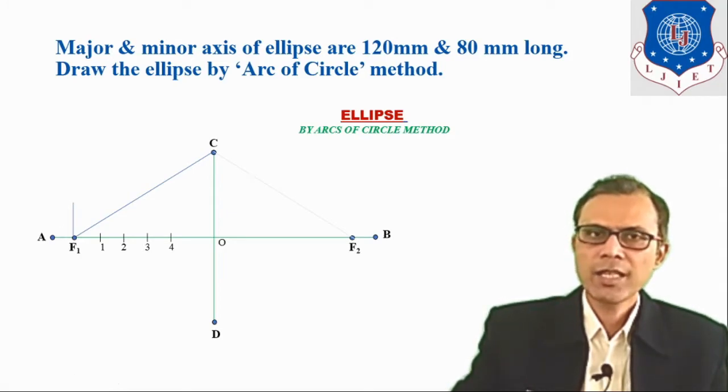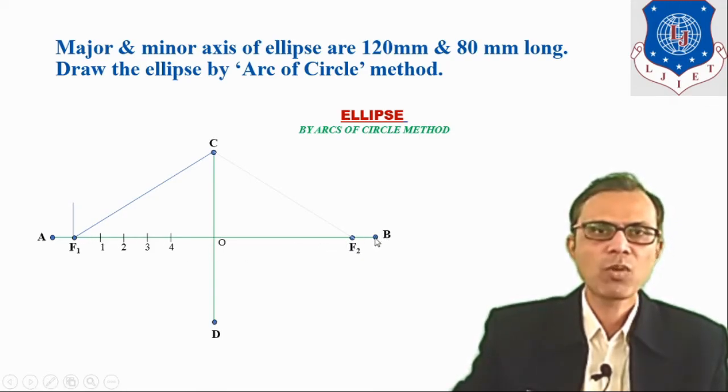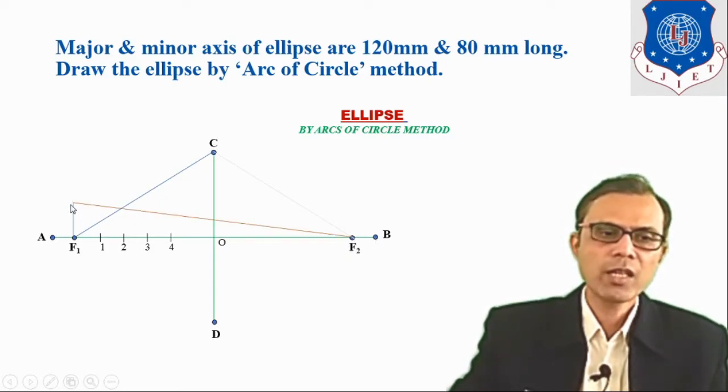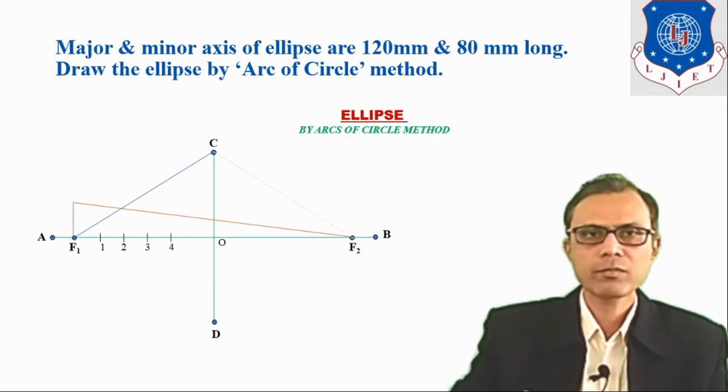Then take the compass size equal to B1, the distance from B to division number 1. Keep F2 as the center point and draw an intersecting arc over here. This intersecting point is the required point.